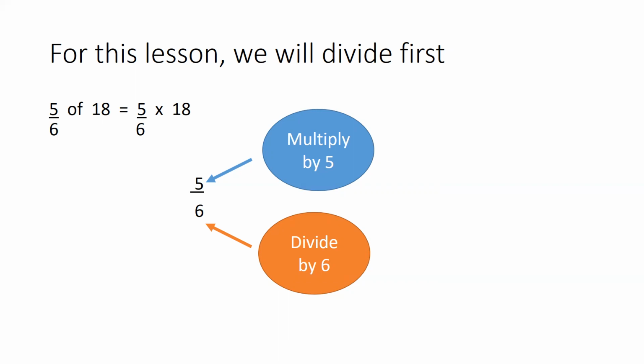That was my step 1. Now for my step 2, 5 times 3. So we're right here. First step was 18 divided by 6, which is 3. Second step, 5 times 3, 15, and we're finished.